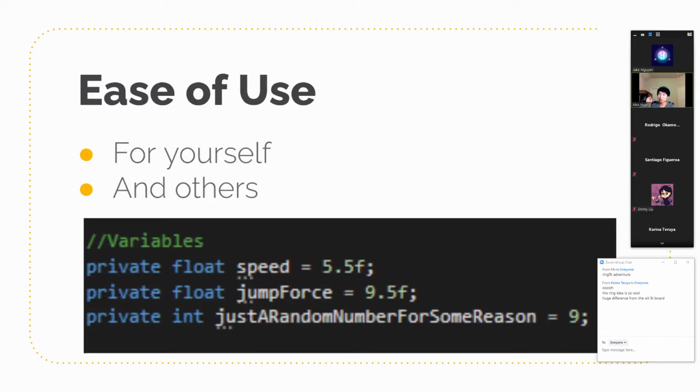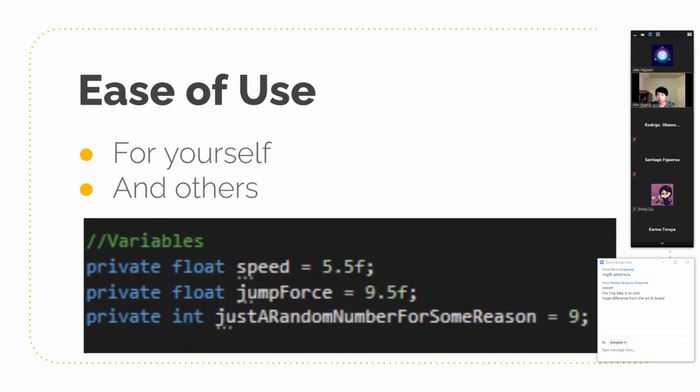Don't do this. If you do it, bad, incorrect. That's because if you have it like this, you need to actually change your C# code every single time you want to adjust a value.